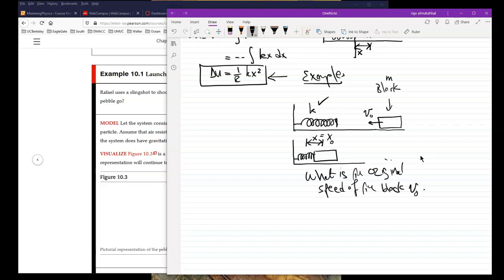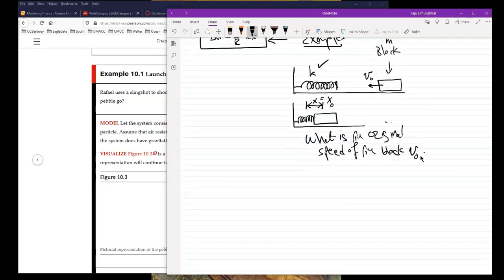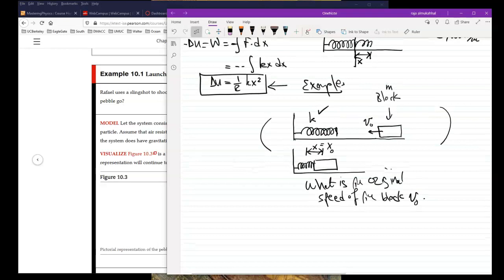Well, how do we do it? Again, we use conservation of energy. You look at the entire dynamical system here and ask, what is the total energy of the system? You want to add up all the mechanical energy. Well, the spring is relaxed, so there is really no potential energy. The potential energy of the spring is given by 1/2 kx squared, but there is none because it's not compressed or stretched.